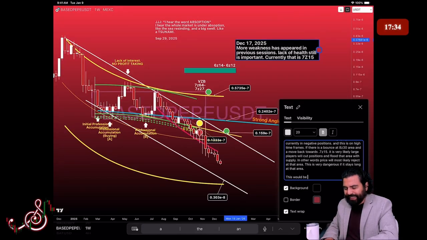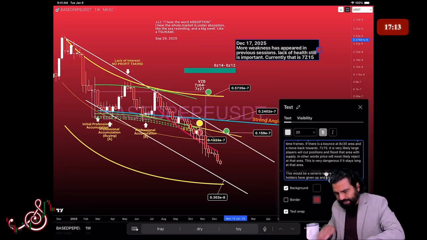This would be a scenario where large positional holders have given up and try to break even.